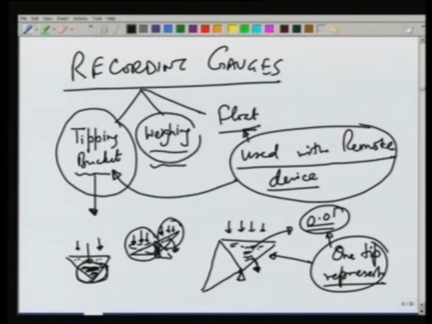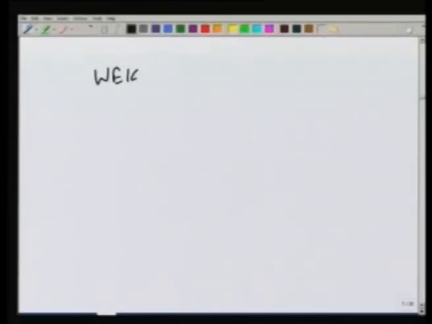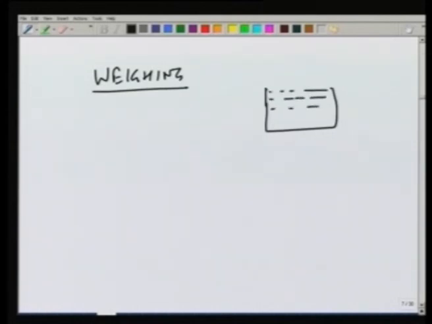The weighing type of rain gauges are quite simple in mechanism. So, there is a weight measurement device here. So, whatever rain is occurring, it will increase the weight.